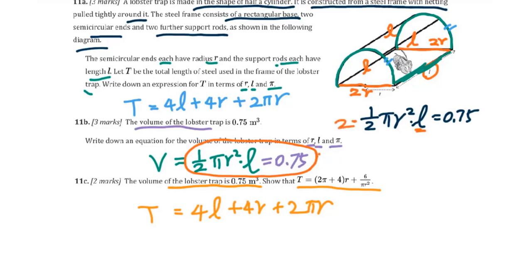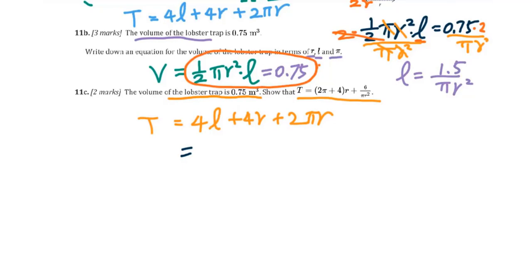We multiply by 2 both sides. Then you need to divide it by pi, both sides. Then you divide it by r squared, both sides. So we get L equals 0.75 times 2, that's 1.5 over pi r squared.